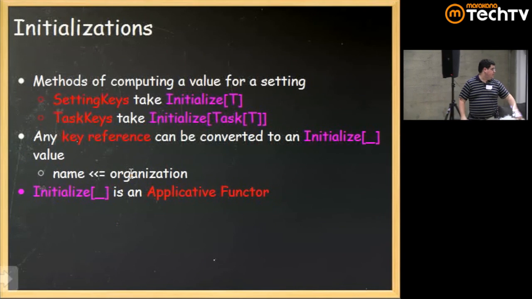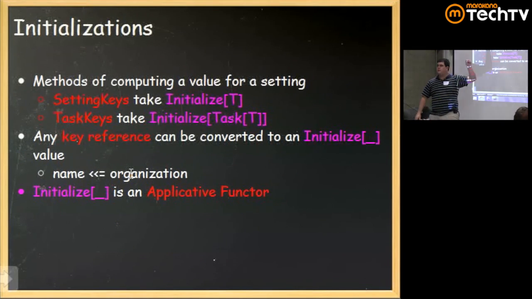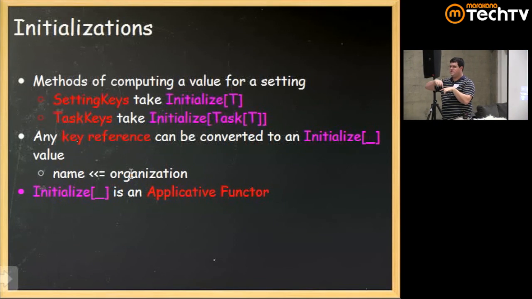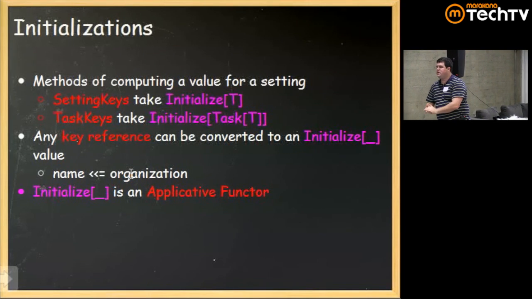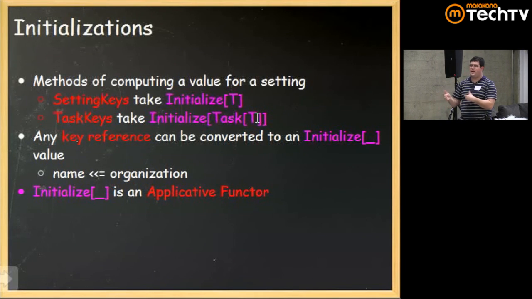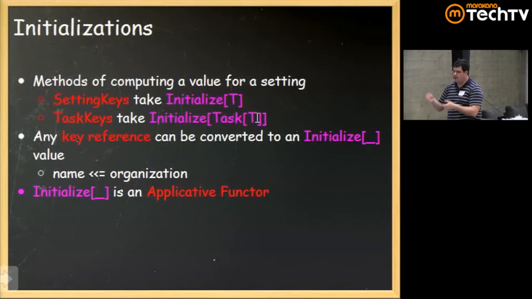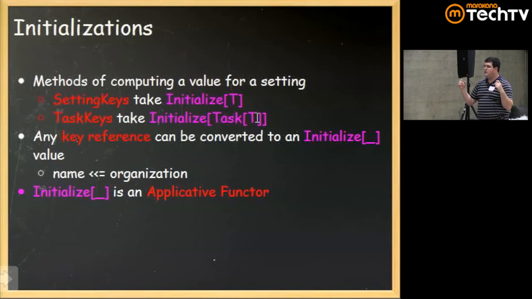What's weird is that Initialize of Task of T is very inconvenient to have to nest inside a Task. So SBT has a way for you to map directly on the T rather than having to know that you're dealing with tasks and not just Initialize of T. Right, so SBT uses a concept called applicative functors to allow you to access the T inside of Initialize Task T, similarly in the build to construct these Initialize values that get applied to settings.